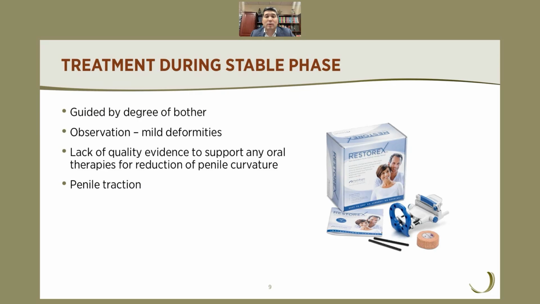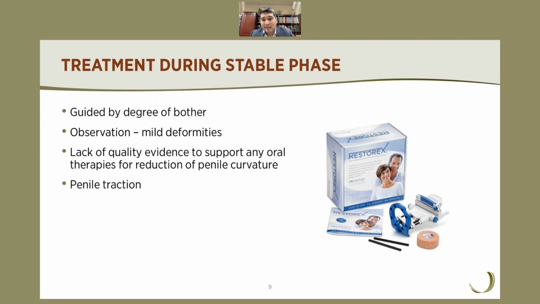A lot of patients will ask about oral therapies. They've done some reading online. There's misinformation online on oral therapies like vitamin E, for example, where there's really a lack of evidence to support the efficacy of these medications for reduction of penile curvature.